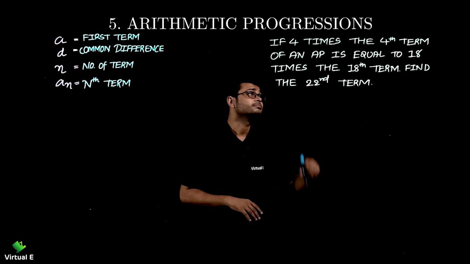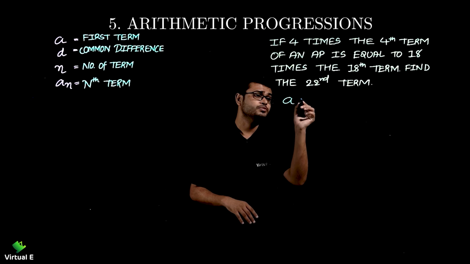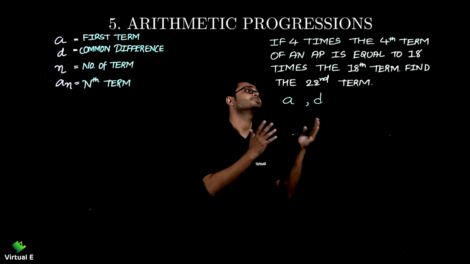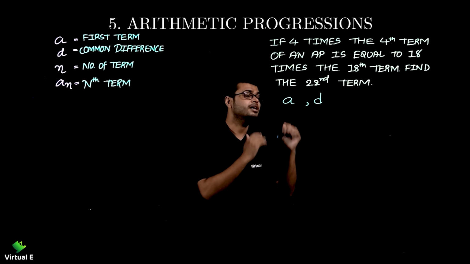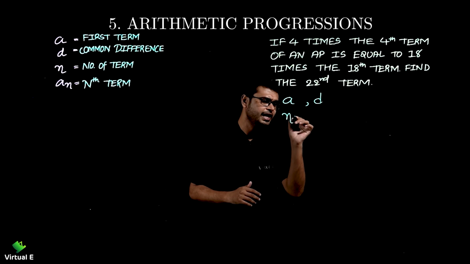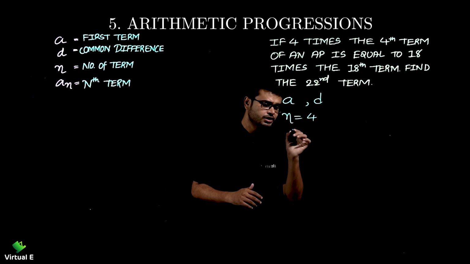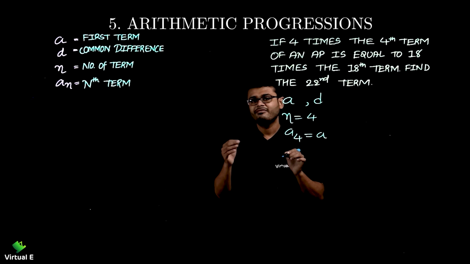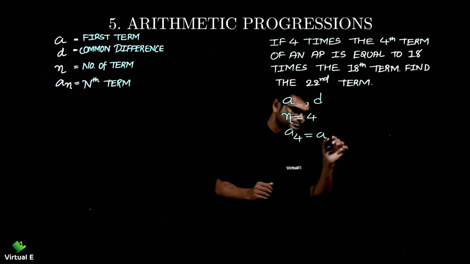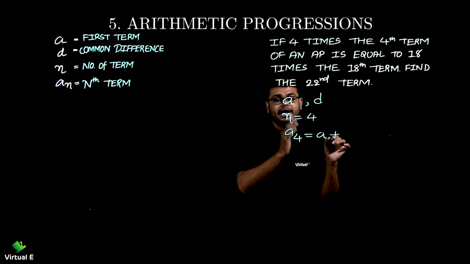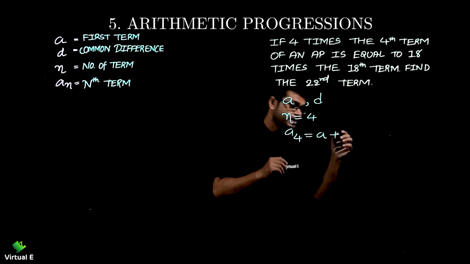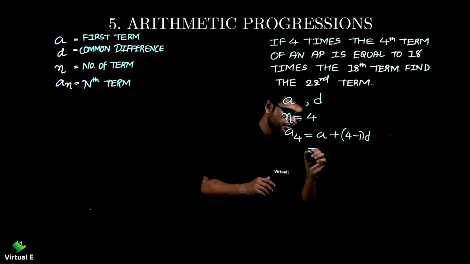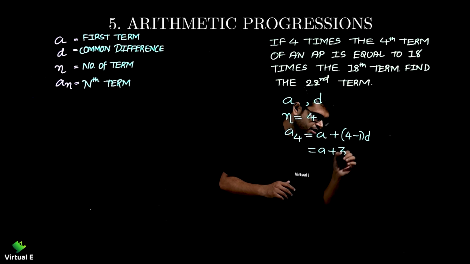First of all, let's say A as it is, which is the first term. We have D and we have different values of N. 4th term, let's start with the 4th term. So I'm going to take N is equal to 4. So A4 is equal to, we do not have the value of A, so keep it as it is, plus N minus 1, so let's write 4 minus 1 and D. So here A plus 3D.